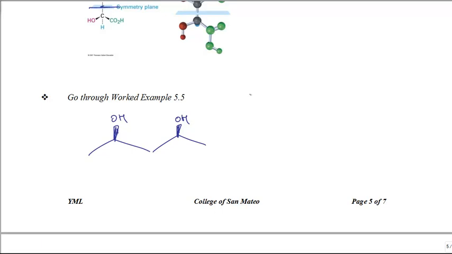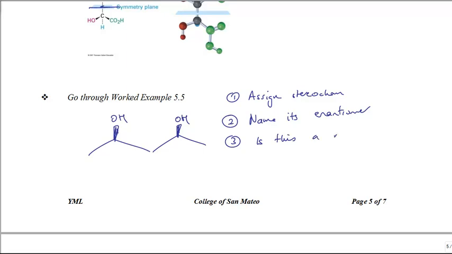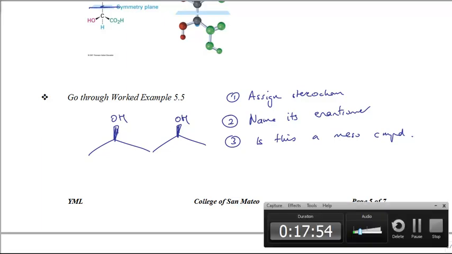I would like you to assign stereochemistry. That's the first thing. The second thing, I want you to name its enantiomer. And for 3, I'm asking you, is this a meso compound? And then I'll show you how to quickly tell. Okay, let's try that, and then I'm going to pause you.